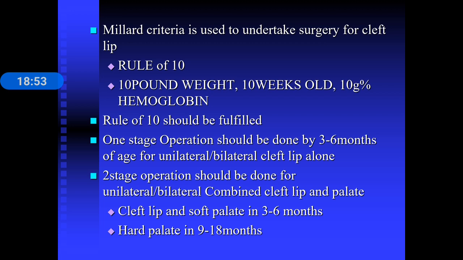You can do a one-stage surgery at 3 months for unilateral or bilateral, or go for a 2-stage, doing one side and then the other side in the case of cleft lip alone. If it is a combined cleft lip and palate, you might have to do a 2-stage operation in which you deal with the cleft lip and the soft palate in the 3 to 6 month period, and if possible even place the ventilation tube in the middle ear. The second surgery is done for the hard palate, around 9 to 18 months.